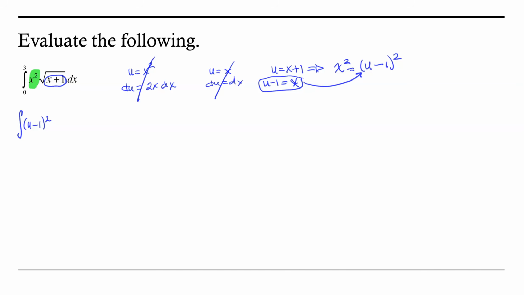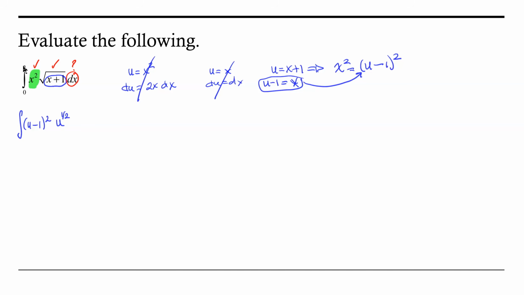Now remember, I just grabbed this piece underneath the square root, so x plus 1 is all the u. So we're going to have u to the 1/2 power. I'm going to write the square root as an exponent. All of that looks pretty good, actually. I've replaced the x squared, and I've replaced the square root of x plus 1.